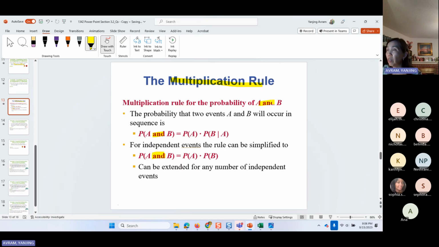The probability of A and B is the probability of A times the probability of B given A, if this is dependent. If this is independent, the probability of A and B, you just multiply the probability of A and the probability of B together.